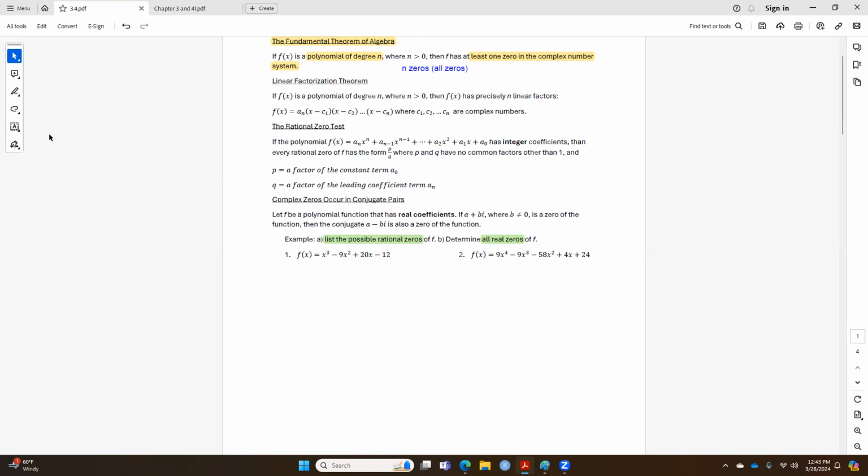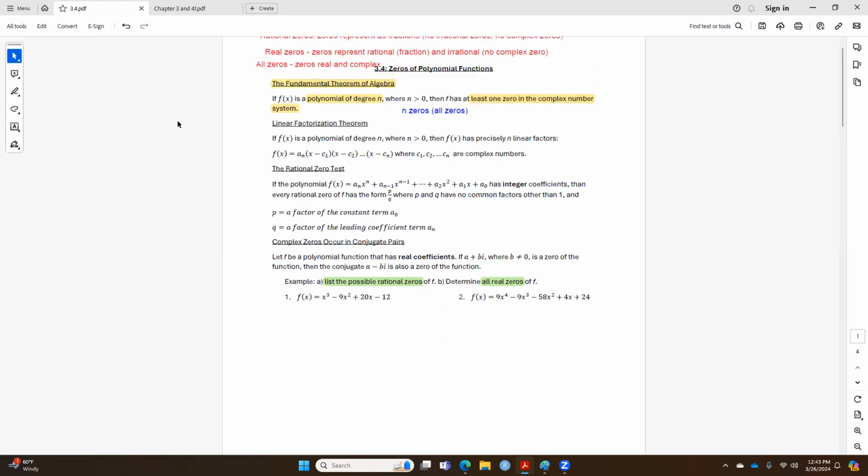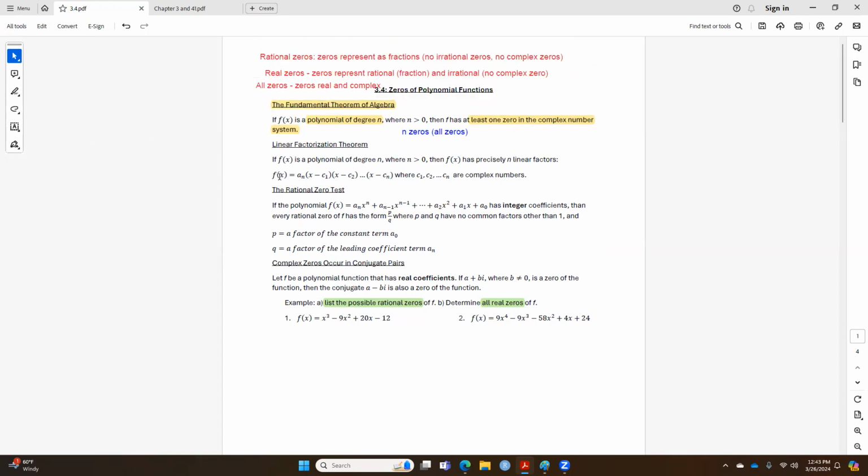The next thing we're going to talk about here is linear factorization form. What is linear factorization form? A linear factorization form means you can write all your factors or all your zeros in factor form. We did this in 3.3, where if your zero is 5, then you put x minus 5.